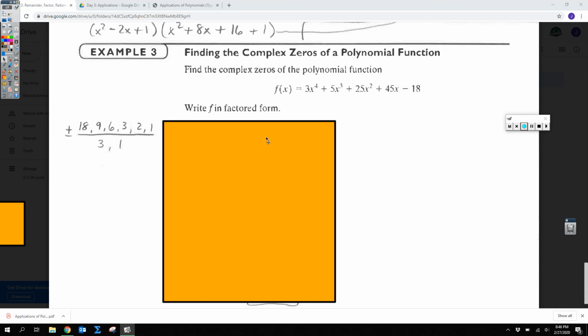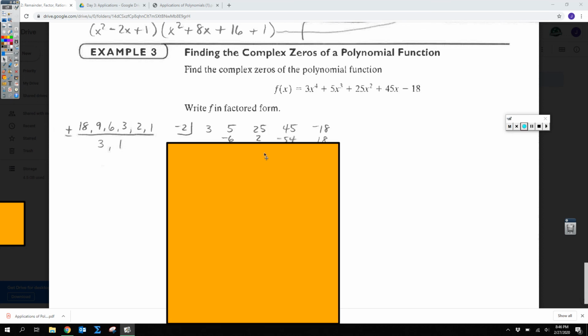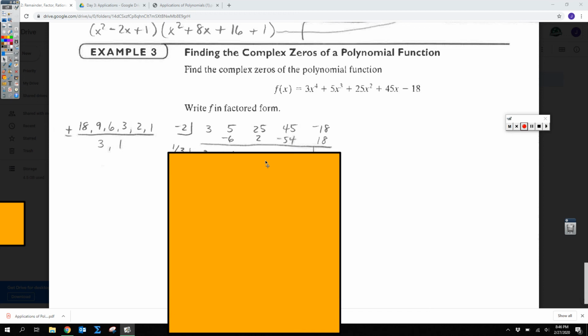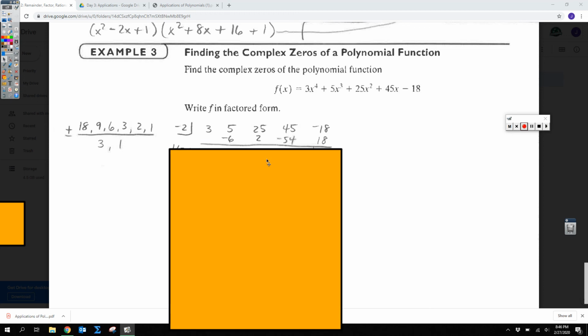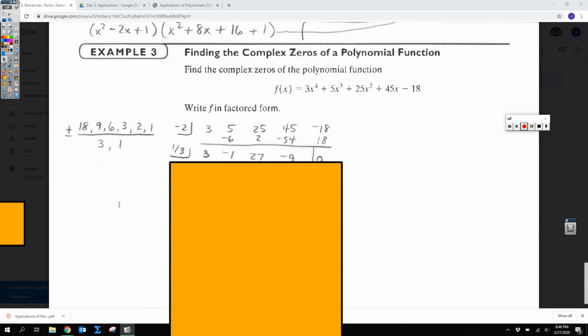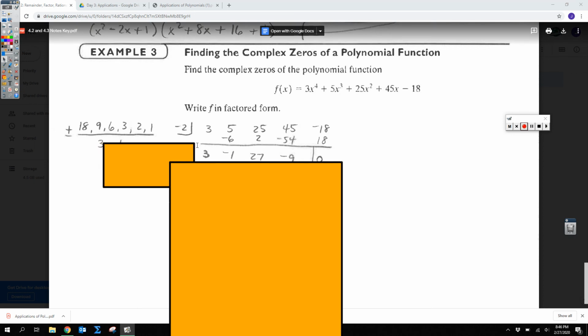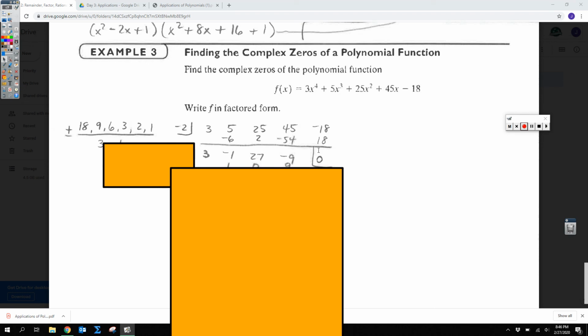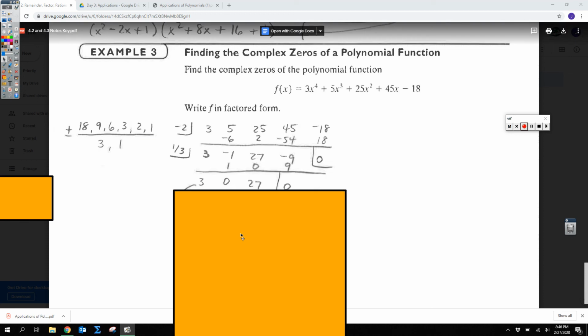Alright, so here's what you should have gotten after you've done all the division. Can't cover up that 1/3. So just to make sure you can understand what I'm talking about here, when you divide your negative 2 in, there's your 0 that pops up for your remainder. Now, the way I showed it was I divided by 1/3, so that's your other nice 0.